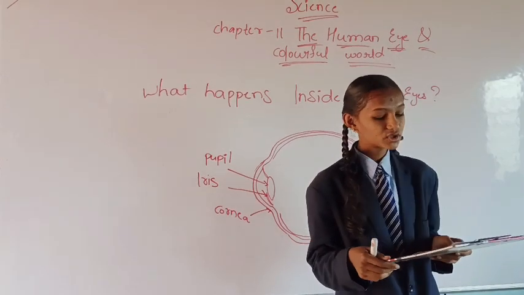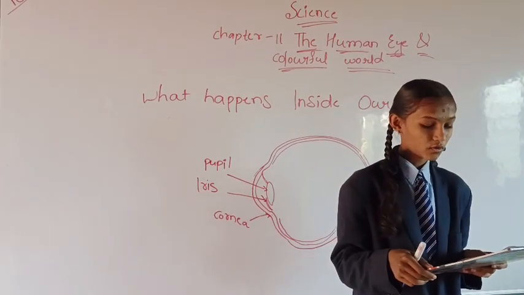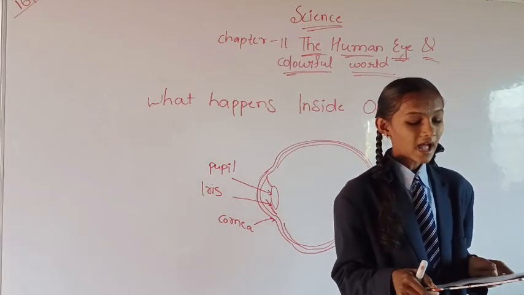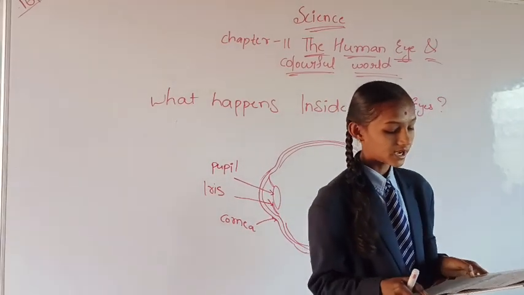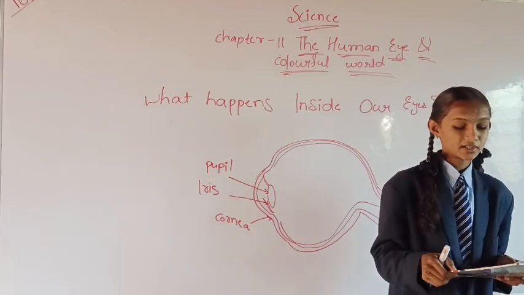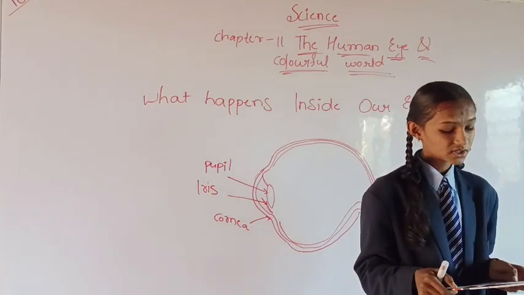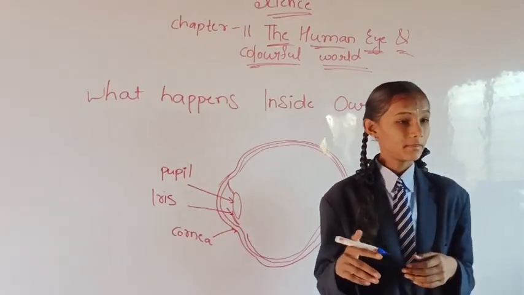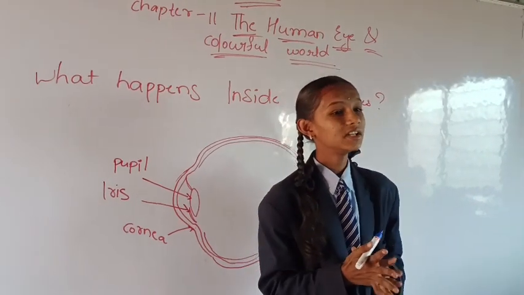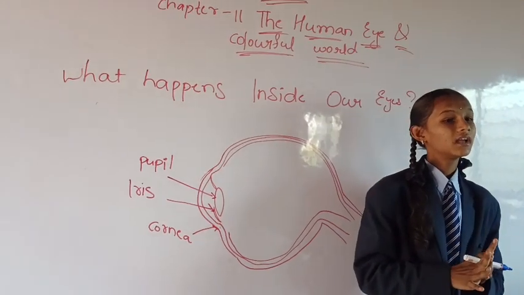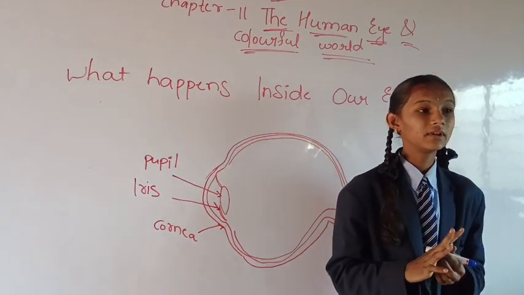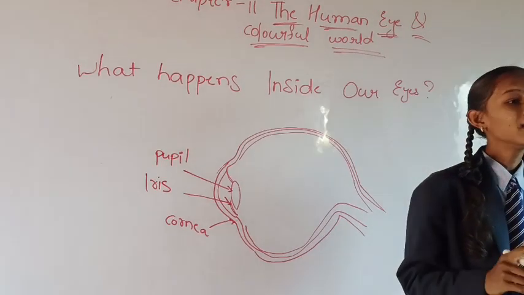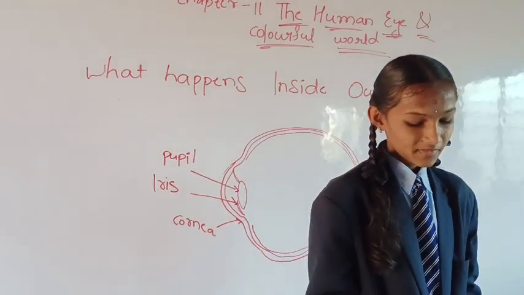Depending on the amount of light, the iris stretches and contracts the pupil, just as the aperture of a camera works. When it is darker, our pupil increases. When there is more brightness, our pupil decreases.